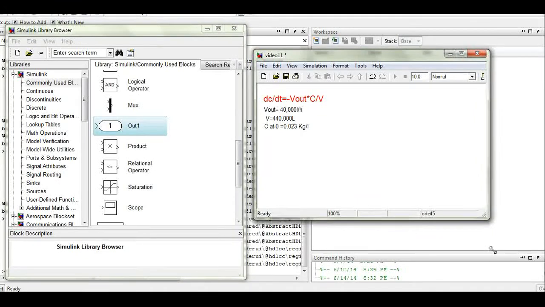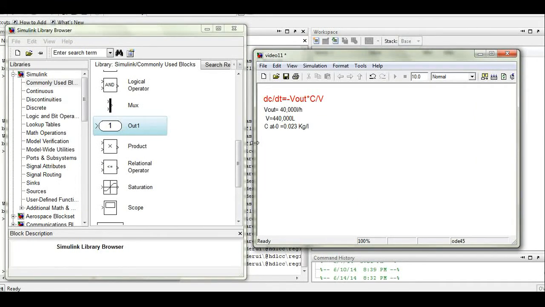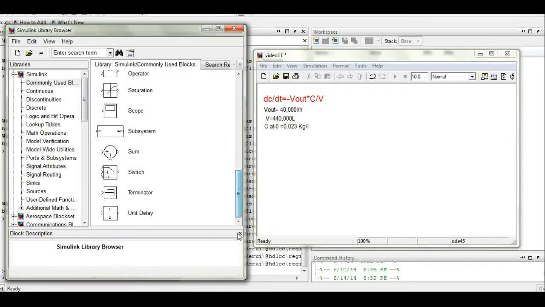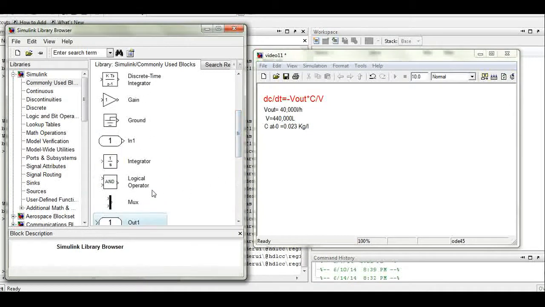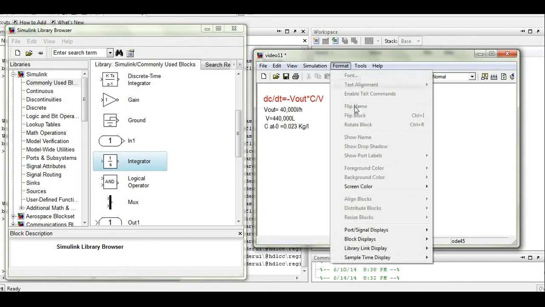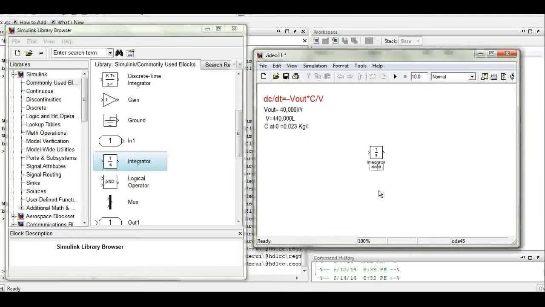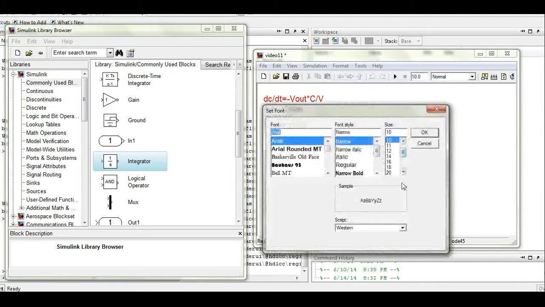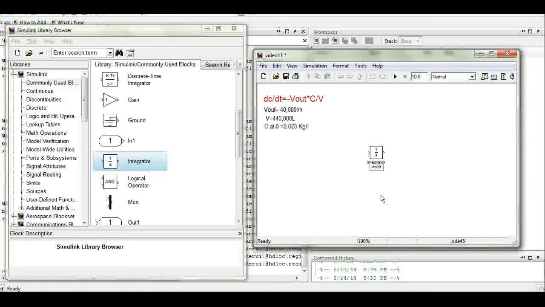To solve this problem, you should have an integrator. You can find it under Commonly Used. Here is the integrator. This integrator is dC by dt. I will increase the font.